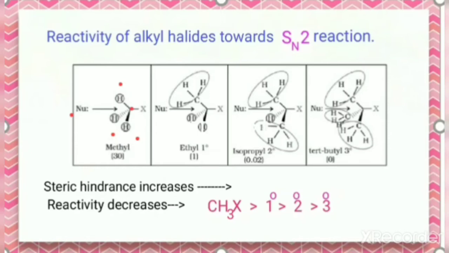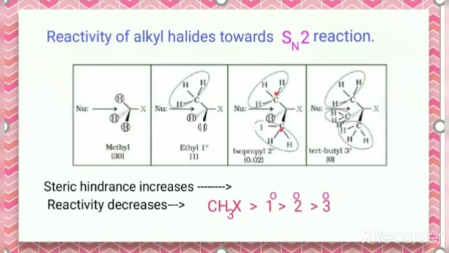But if there is one alkyl group on this partially positive carbon, which is a little bit bulkier than the hydrogen, it will be a little bit difficult for the nucleophile to attack the partially positive carbon. When we check the third case, in this case there are 2 alkyl groups.